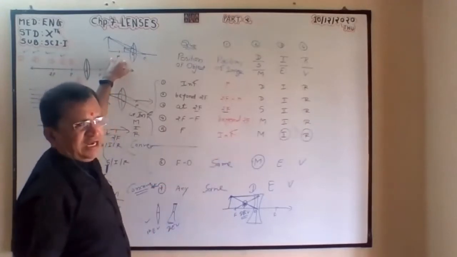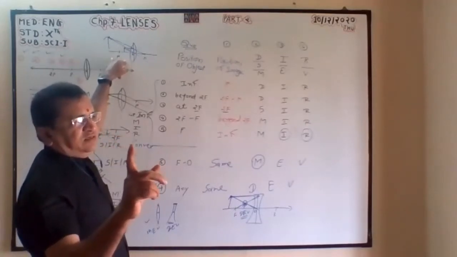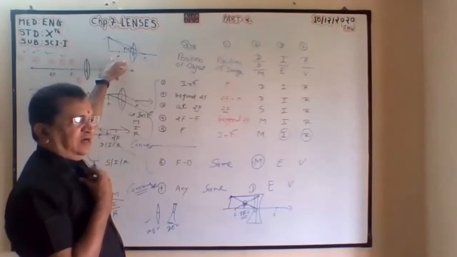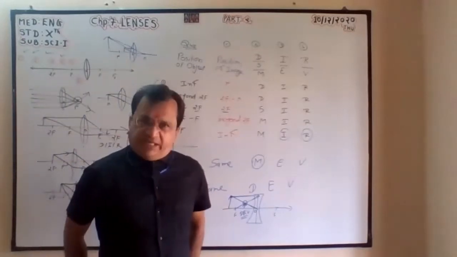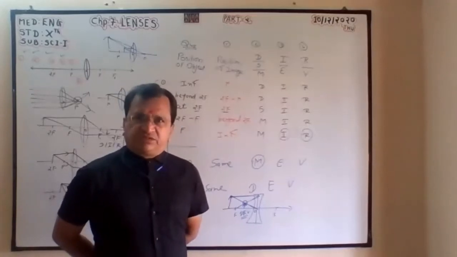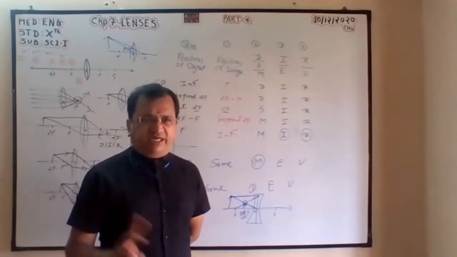And MEV, magnifying, erect, virtual. Sixth position, MEV. And for a concave lens, you will always find the image position on the same side where there is the object, not the opposite side.